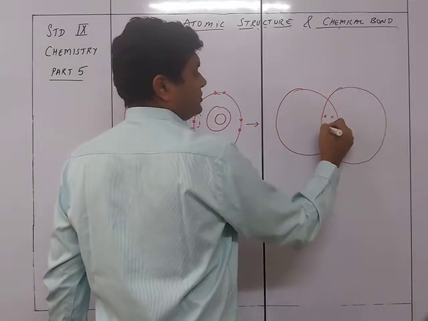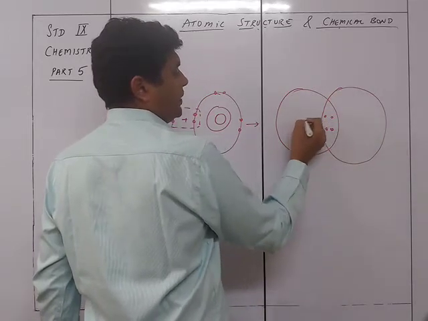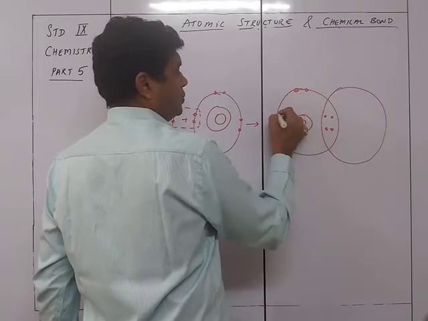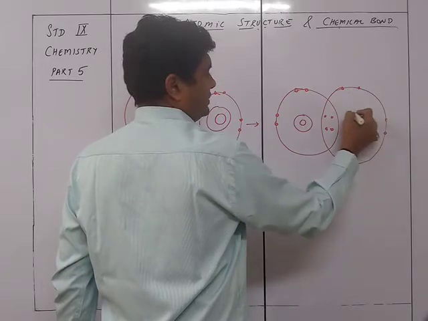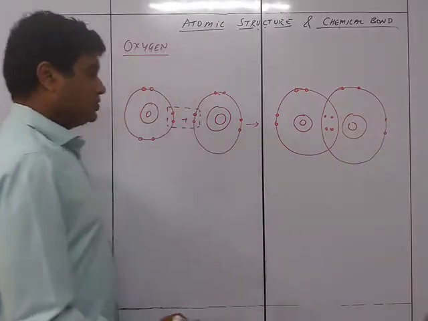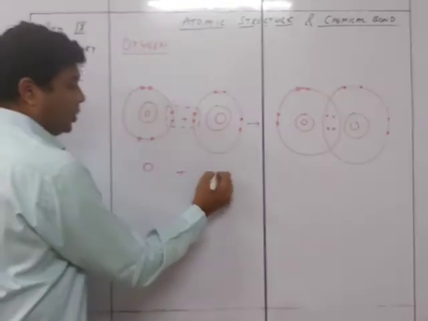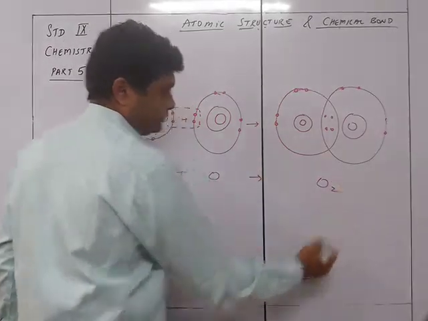So 4 electrons will be shared here, and O will have 1, 2, 3, 4 in the outermost structure. So this O plus O gives you O2.